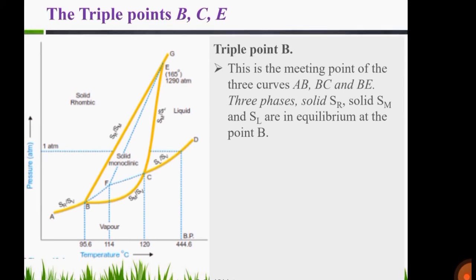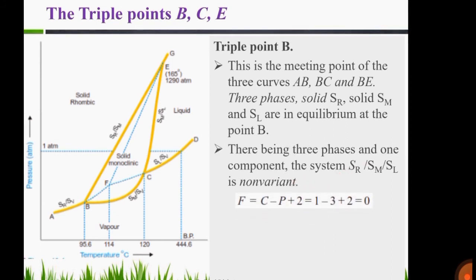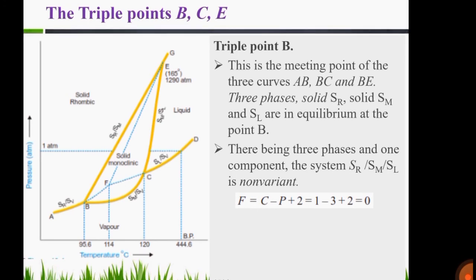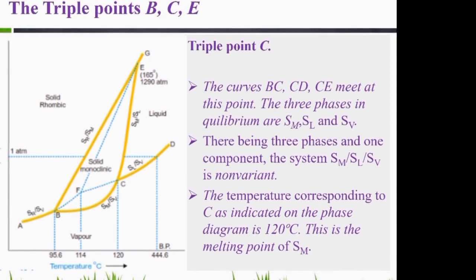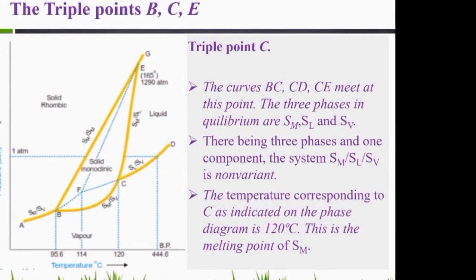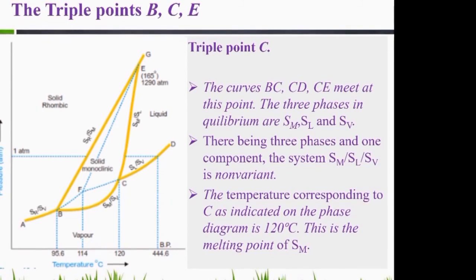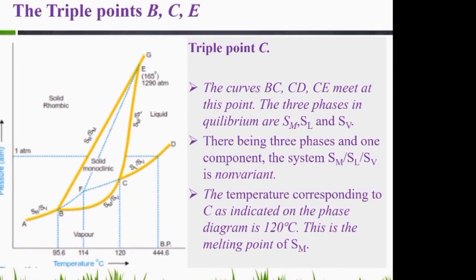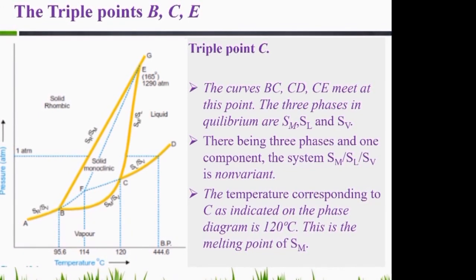that is 95.6 degrees Celsius. And the triple point C: the curves BC, CD, CE meet at the triple point, and the 3 phases in equilibrium are SM, SL and SV. There being 3 phases and 1 component, the system SM, SL, SV is non-variant. The temperature corresponding to C, as indicated on the phase diagram, is 120 degrees Celsius. This is the melting point of SM.